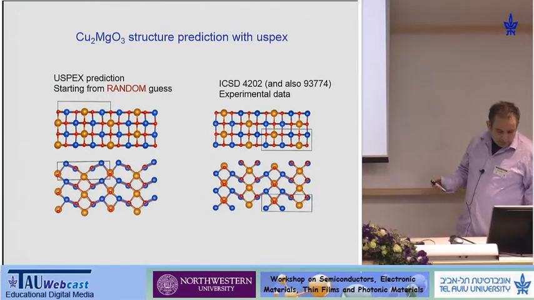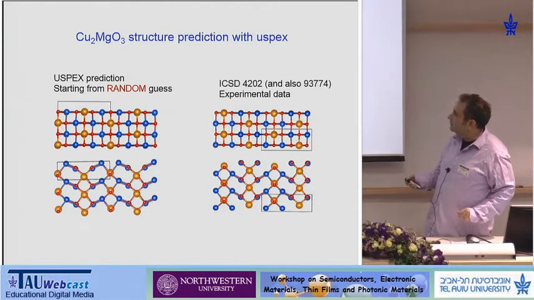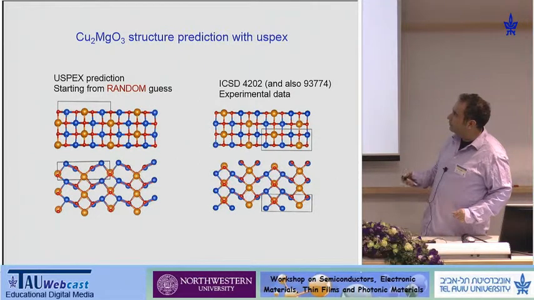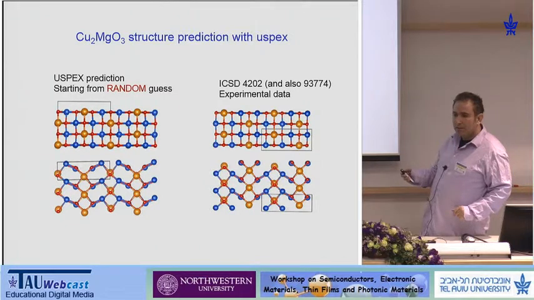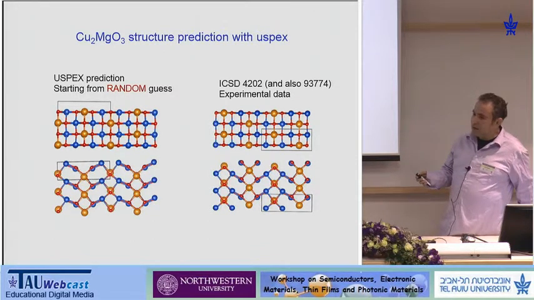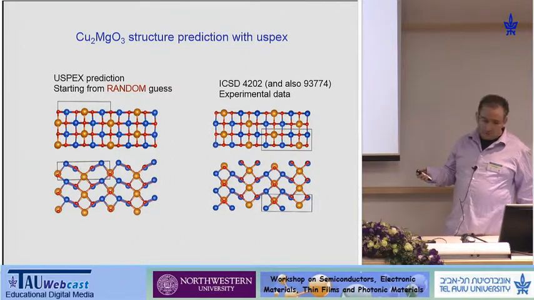So initially, we played with USPEX, and I must say that USPEX does evolutionary algorithms. Here I started with a random guess and got this structure, and it works for many materials. It takes lots of time, and it sometimes needs some help, but many times you can get to a correct crystalline structure.